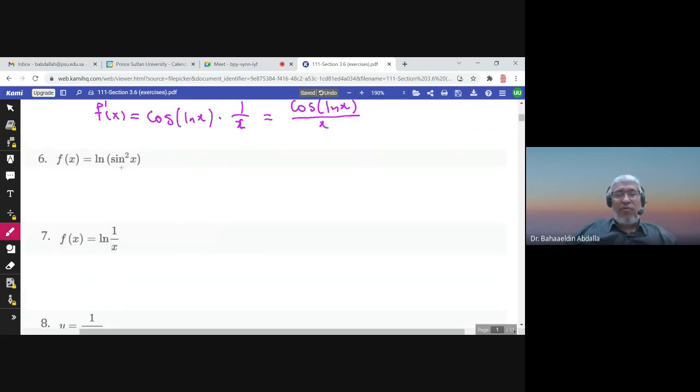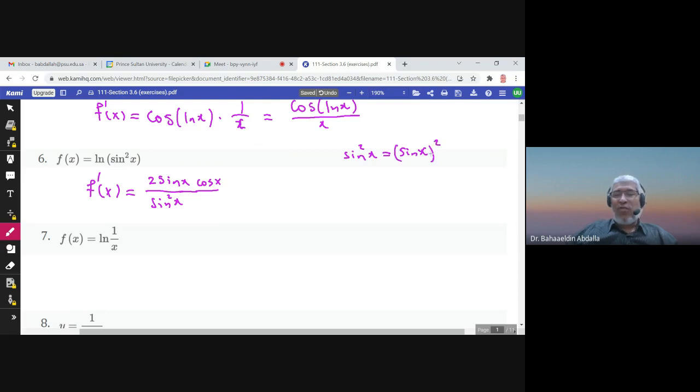Here we have composition. So f prime of x would be derivative of the outer function, which is ln, so 1 over sine square x times the derivative of sine square x, which is 2 sine x times cosine x. Notice that sine square x is sine x all to the power 2.